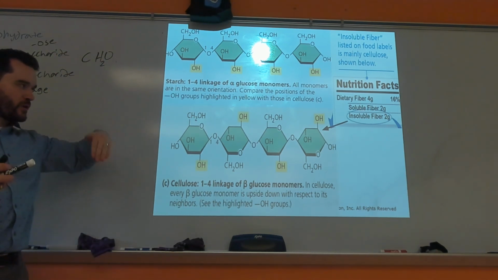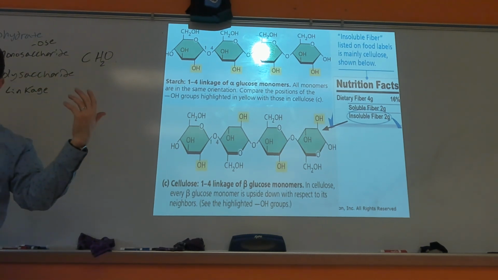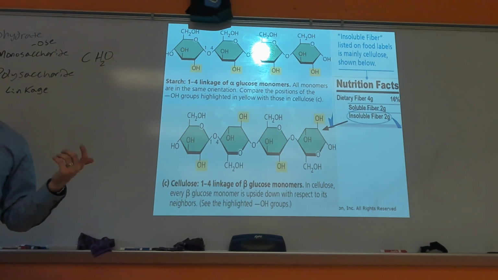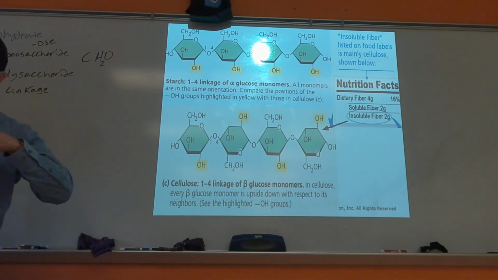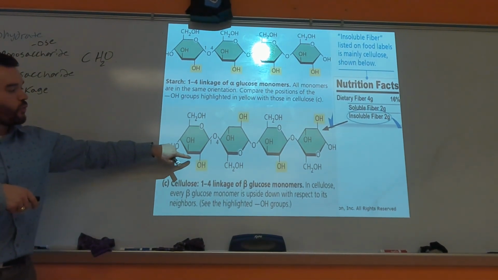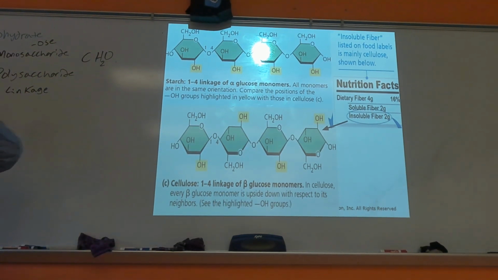What we're building towards is this idea of fiber. So you've maybe looked at a food package and seen fiber on the back of it. Or a mouse. Mice can eat wood and stuff, and you're like, hey, why can't I eat wood? That sounds pretty nice. The reason you can't eat wood is because you don't have enzymes that can break apart the 1 to 4 glycosidic linkage between the beta glucose monomers.